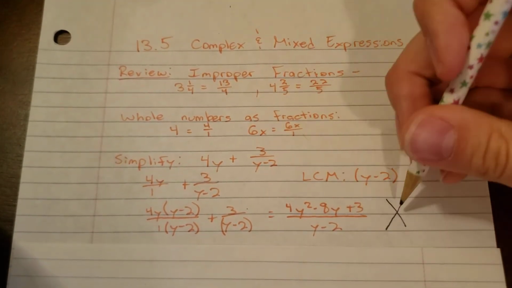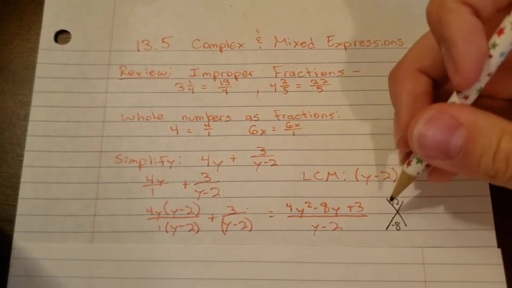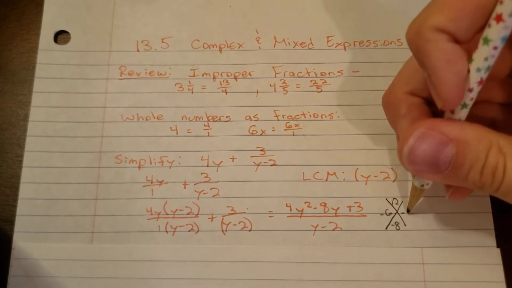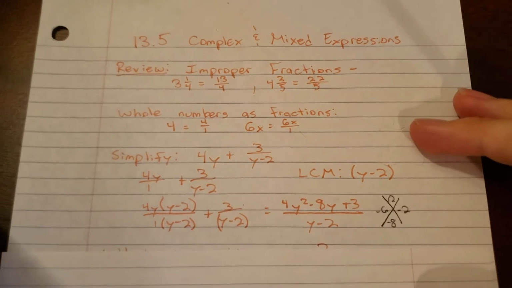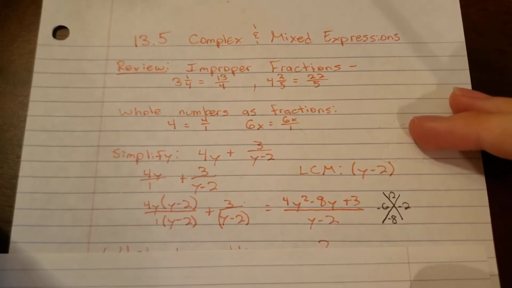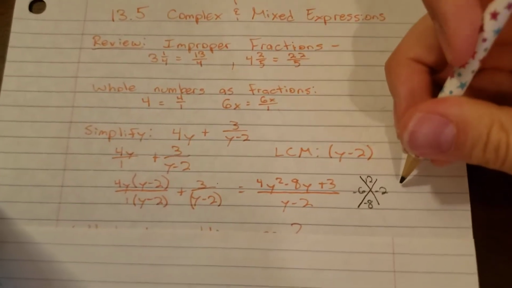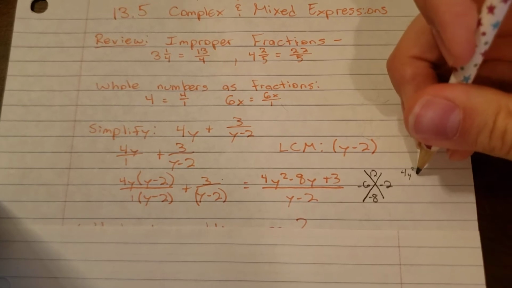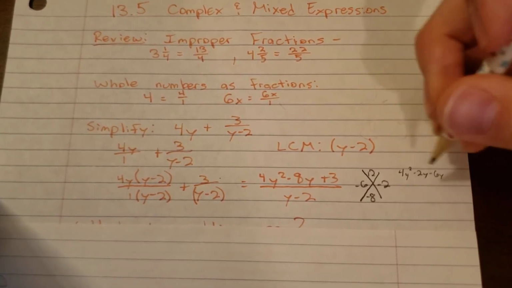So 4 times 3 is 12, minus 8, so that's going to be negative 6 and negative 2. That's awful. And of course I don't have enough space for this whole example. What if I did it like this? 4y squared minus 2y minus 6y plus 3.